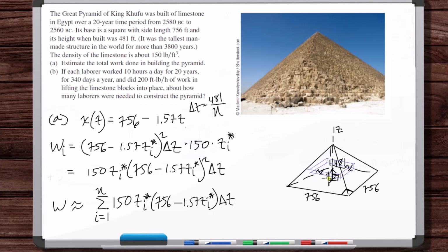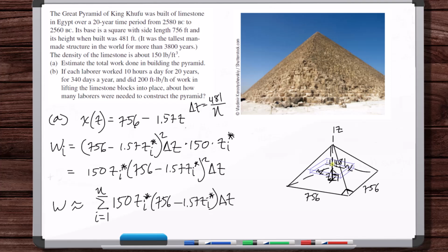Furthermore, if the delta z's were too big, then as far as calculating the distance that the weight was pulled up against gravity, what would you use for the distance? You would pick the midpoint of the interval.